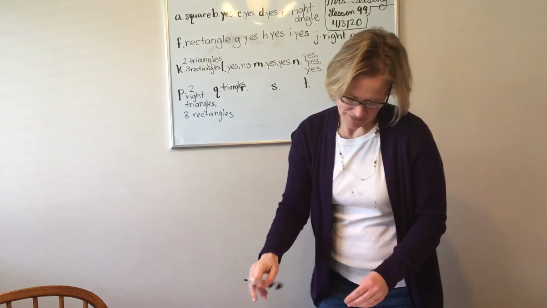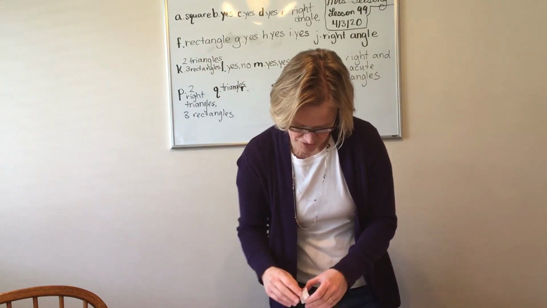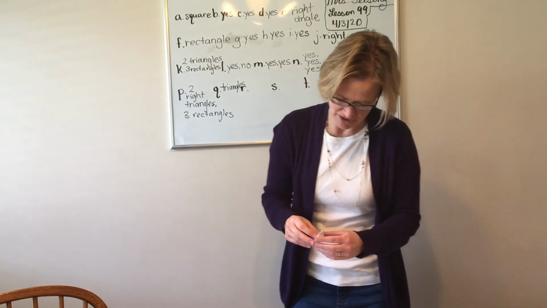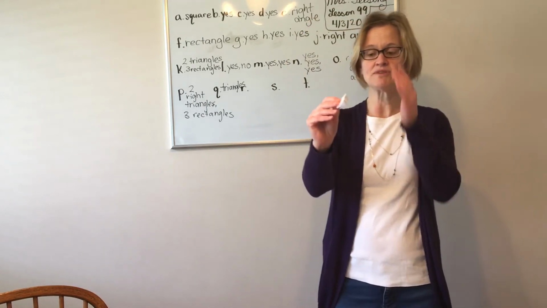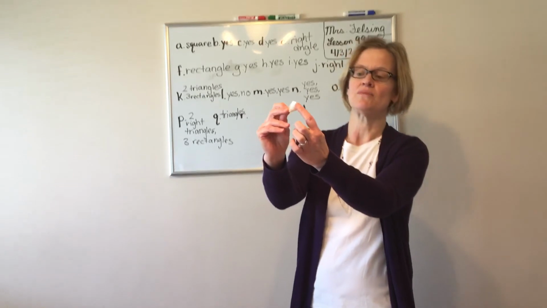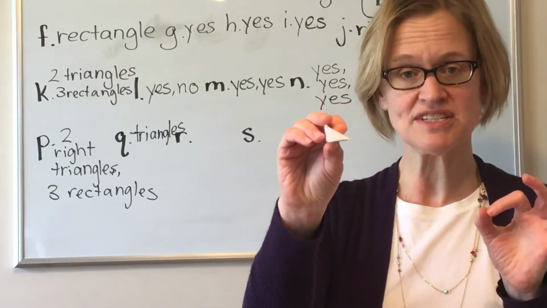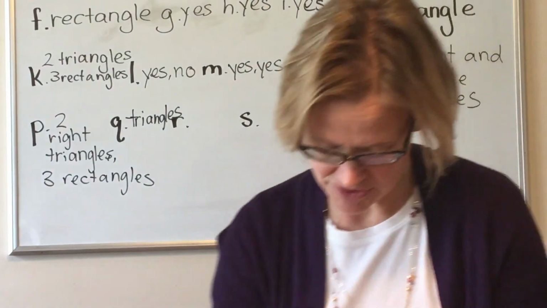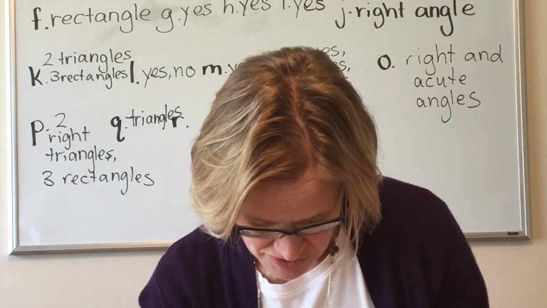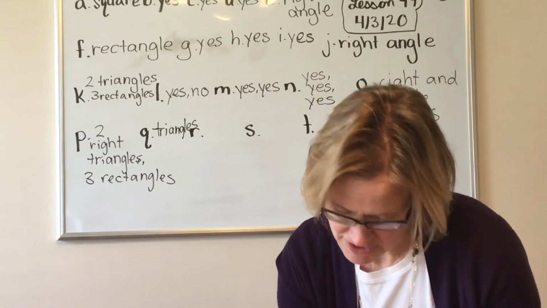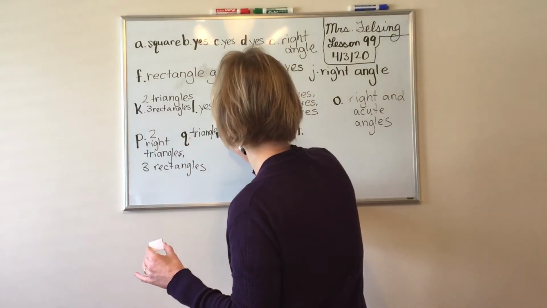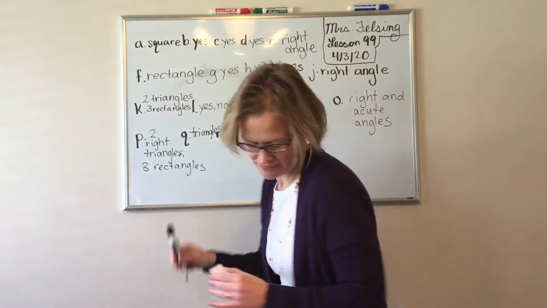Letter R. Are the triangular faces congruent? Are the rectangular faces congruent? Remember, same shape, same size. Well, let's look here and then here. Triangular faces look congruent. The triangles are congruent. So it says, are the triangular faces congruent? We would do yes.